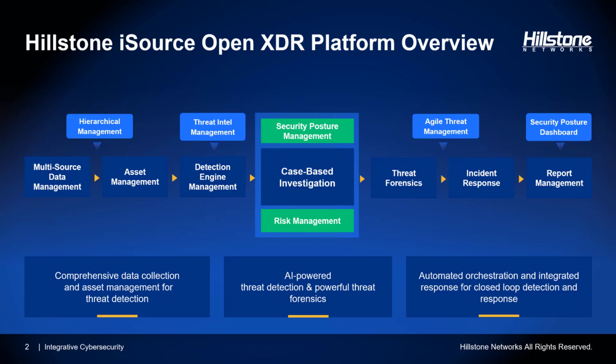And finally, report management gives you a real-time and long-term view of your security posture, and gives you better decision making. All of these parts come together to create a closed-loop detection and response cycle, from detection through investigation all the way to enforcement and remediation.